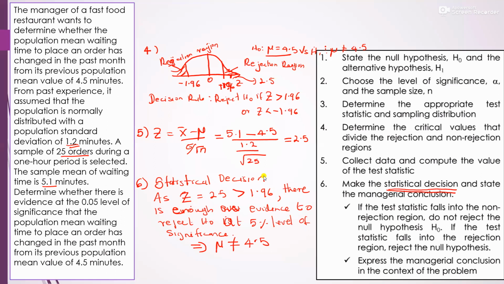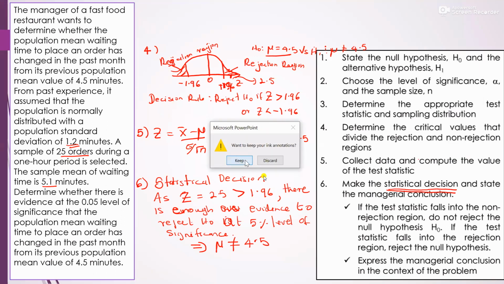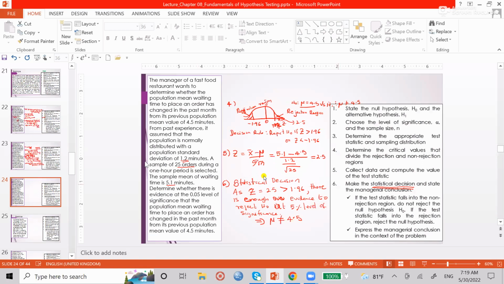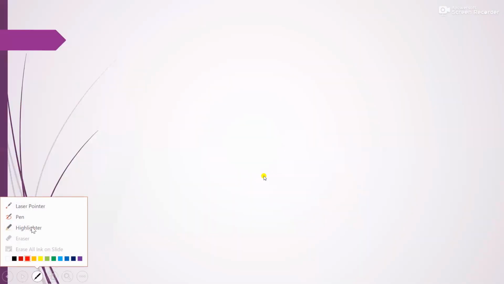Slide, right? So, right. Now our step 6, we are continuing.